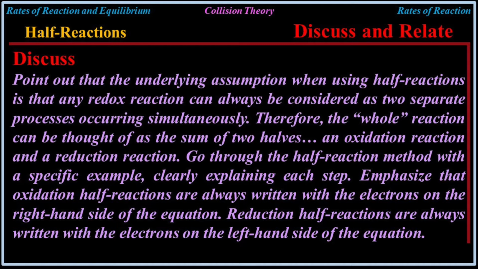Go through the half reaction method with a specific example, clearly explaining each step. Emphasize that oxidation half reactions are always written with the electrons on the right-hand side of the equation, and reduction half reactions are always written with the electrons on the left-hand side of the equation.